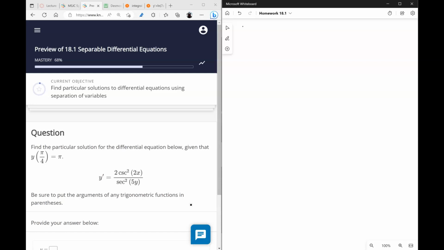Let's do question 12. We have an initial value problem, and it's a separable equation, so we're going to separate everything.